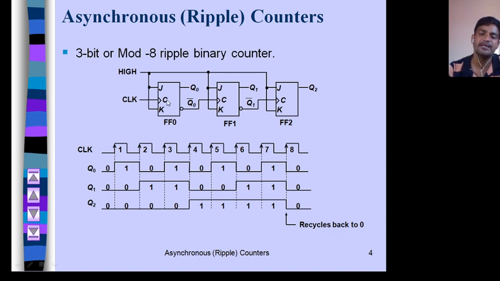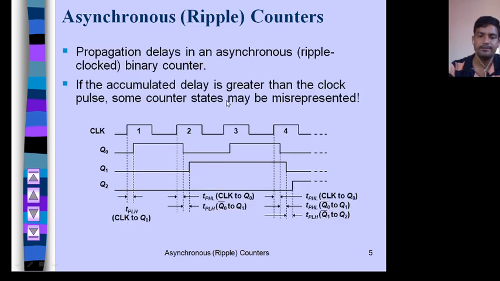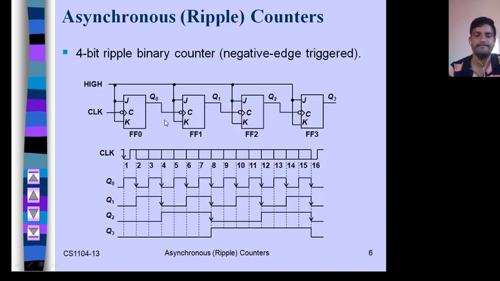Okay, but instead of Q0 bar, now we will give Q0 as clock input. Okay, this is your circuit. Now connect all the JK inputs to logic 1, or you can say plus 5 volt, and give negative edge triggered clock pulse, but connect uncomplemented output to clock input of next flip flop.